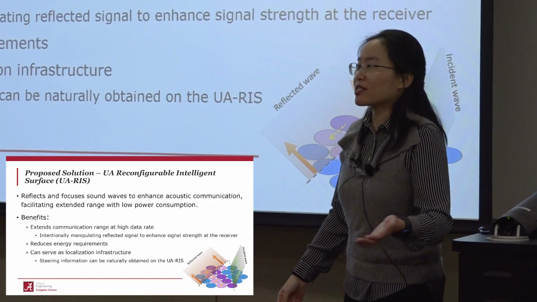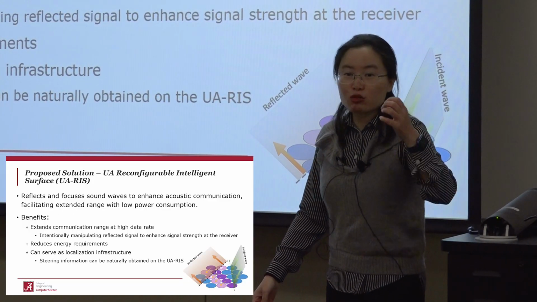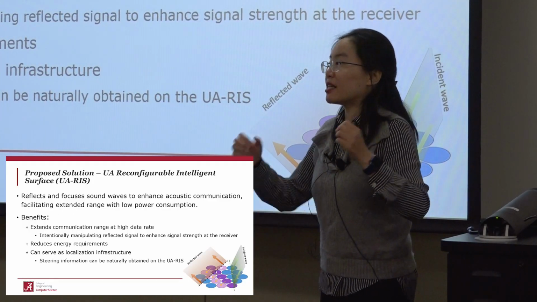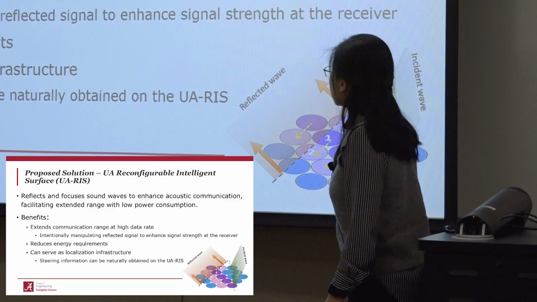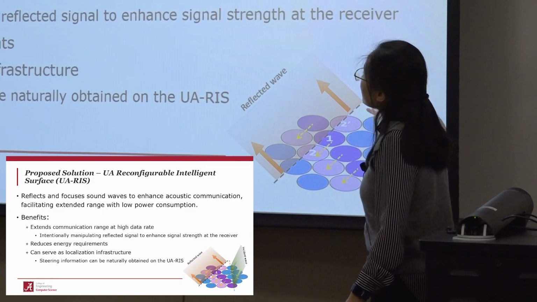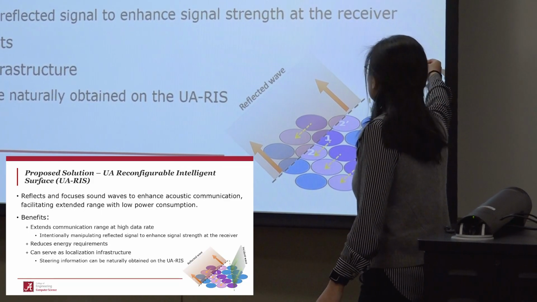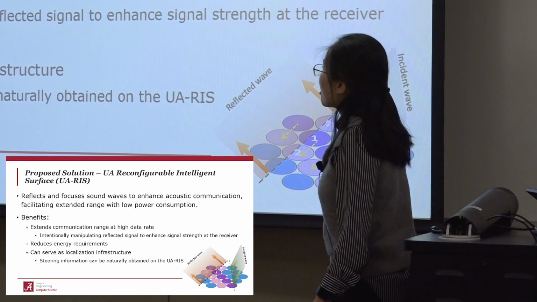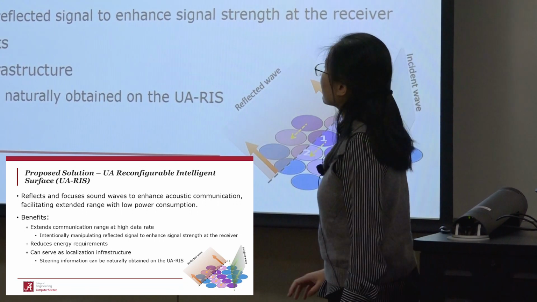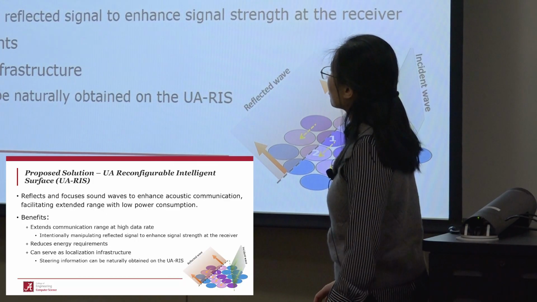It's similar to our cell phone or Wi-Fi, which adjusts the transmission power based on the distance. So it is also used in the underwater environment. But with the RIS, we don't need to increase the transmission power; instead, we utilize the RIS to focus the reflected signal to enhance the communication.